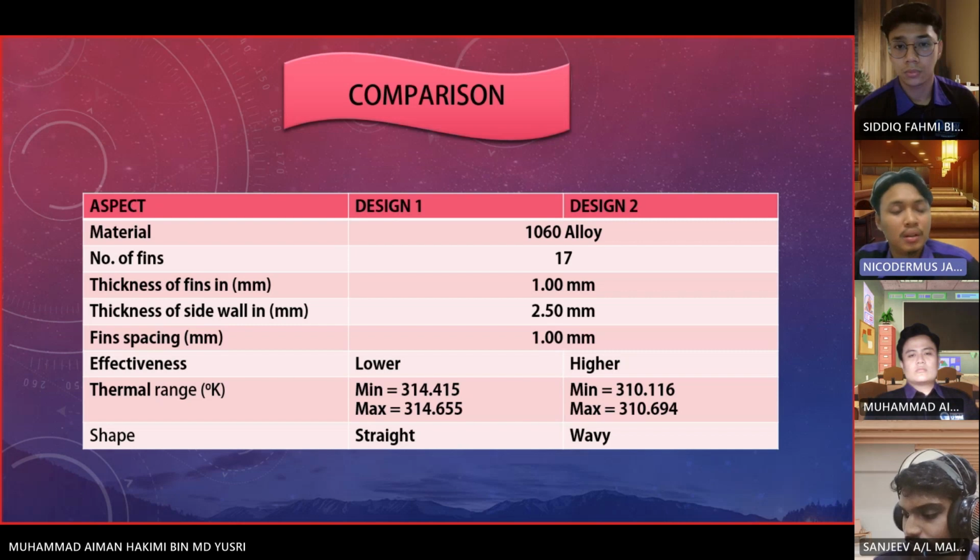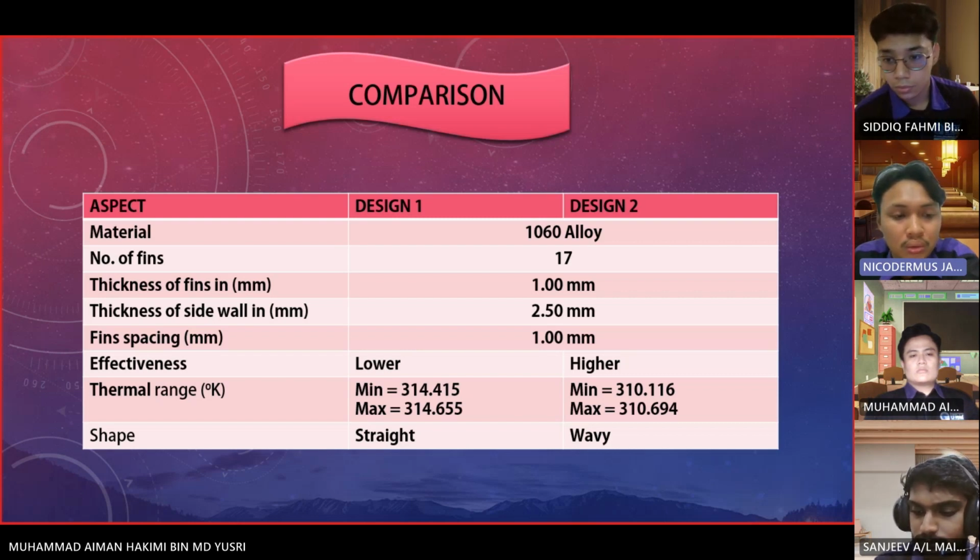Okay, for the comparison, the aspect that we use is material. For design 1 and design 2 it is the same, which is 1060 alloy, and for the number of fins, we use 17 for design 1 and design 2.